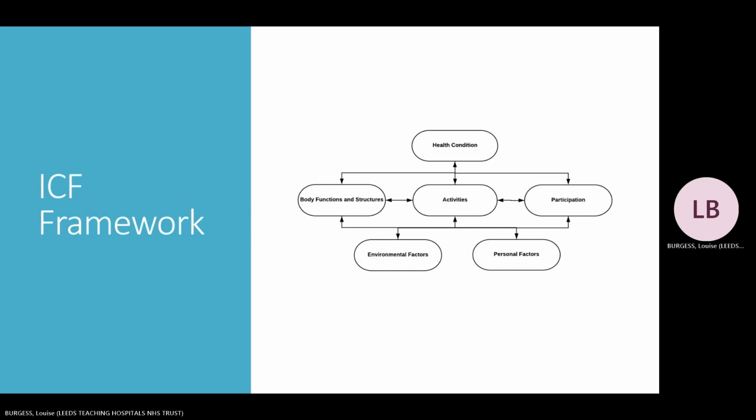If you take a young woman with children, the environmental factors might be what aids can be put in place to help, what equipment can we give, could there be adaptations to the home to allow for the environmental factors to make activities and participation easier on that individual's life and ability.